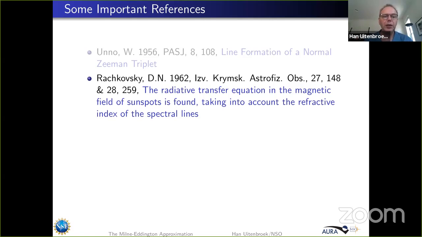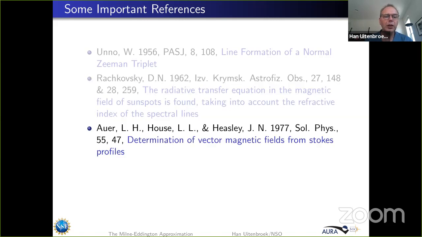Then in '62, Rachkovsky made an extension taking into account the refractive index, the magneto-optical effects in the spectral lines, allowing for a more accurate inversion of spectral lines, especially when strong fields are the subject of the study.